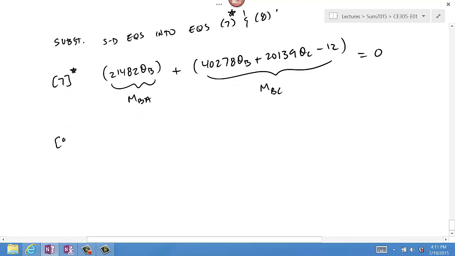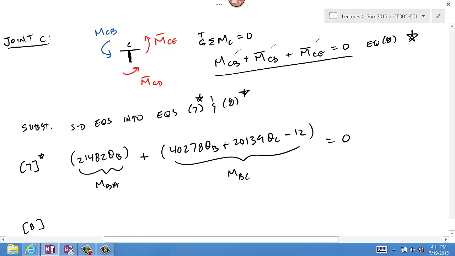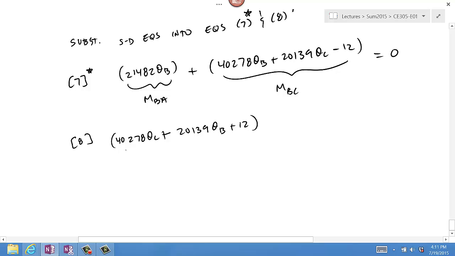And then equation 8, it's MCB. There's actually three of them: CB, CD bar, and CE bar. So this is going to be 40278 theta C plus 20139 theta B plus 12.